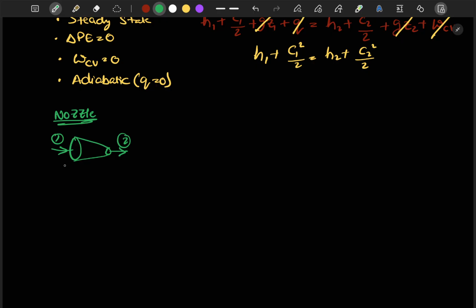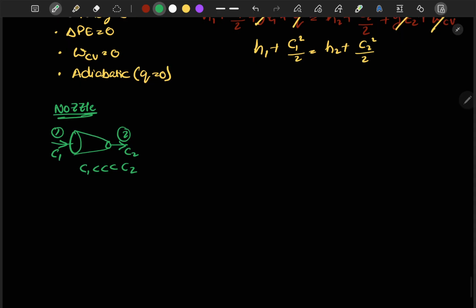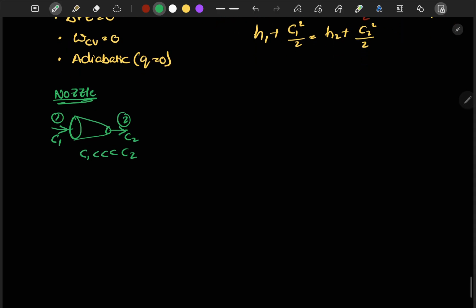It means that C1 is the speed of entry and C2 the speed of exit, so C1 is very much less than C2. Generally in nozzles, our equation reduces to C2 square by 2 plus H2 equal to H1, and from here we can calculate C2 equal to root of 2 times (H1 minus H2).